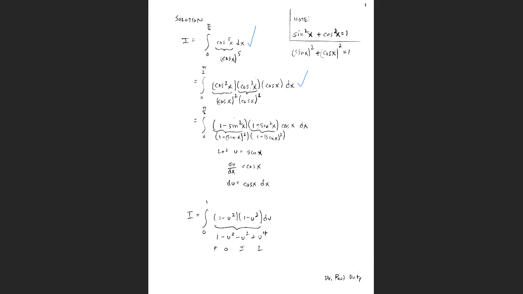We recognize that since sine squared of x plus cosine squared of x equals 1, the cosine squared of x would equal 1 minus sine squared of x. And so these two cosine squared of x terms can be replaced by 1 minus sine squared of x.